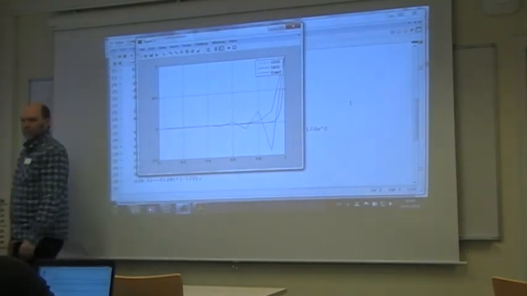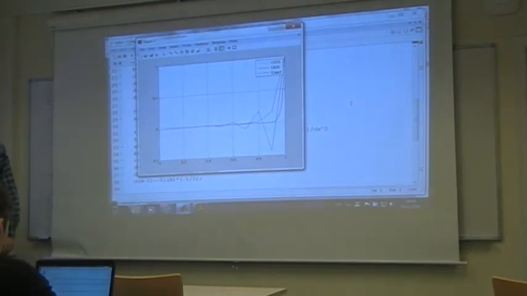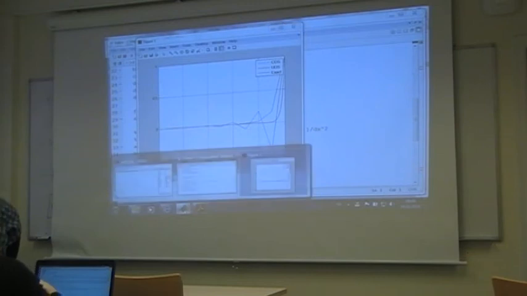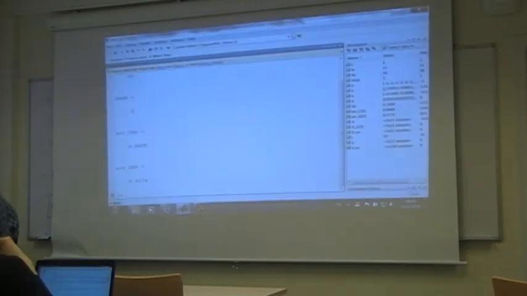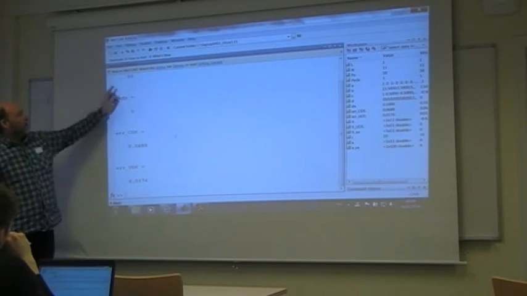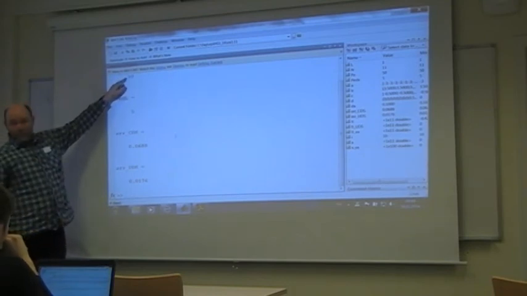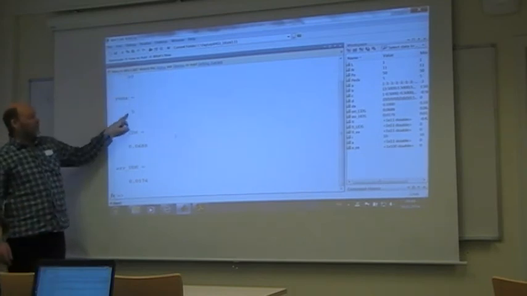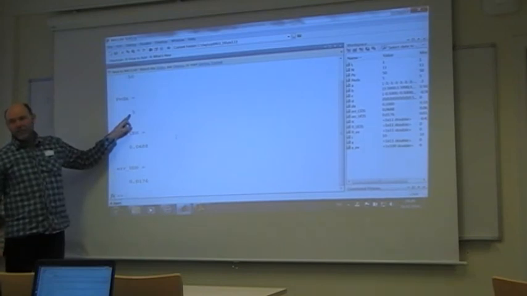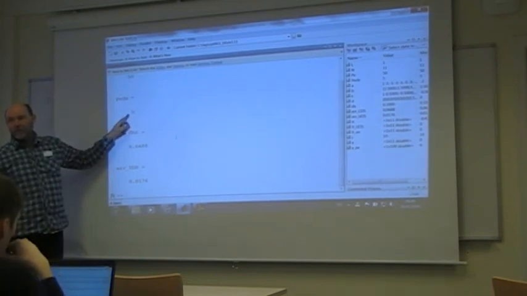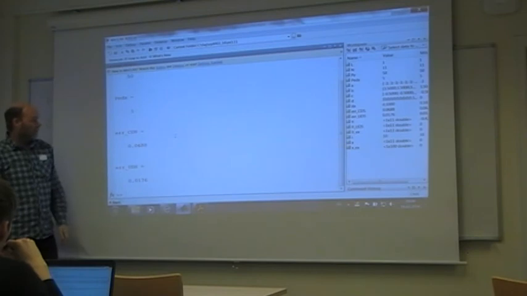So clearly not a good idea. And the reason, you can see here, the Peclet number was 50, but using 10 cells, the cell Peclet number is 5. So it's just too big.